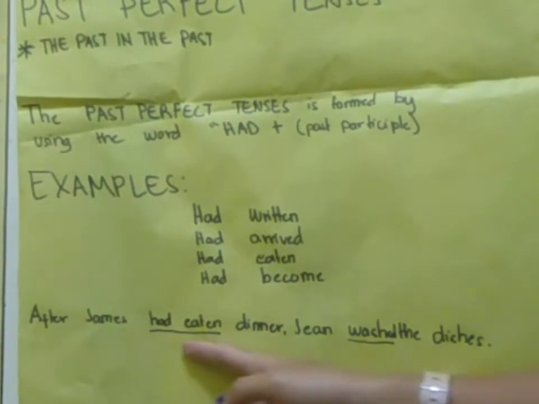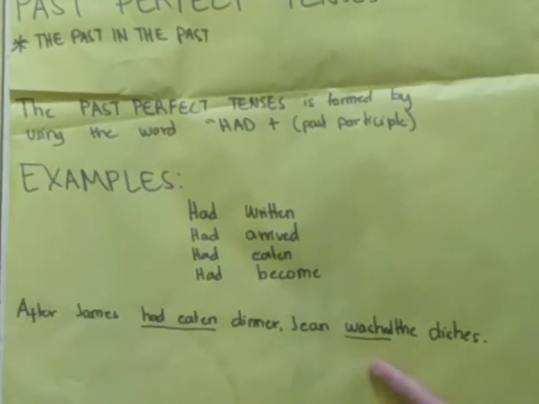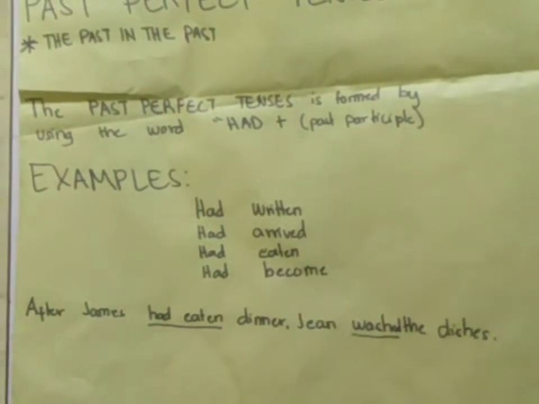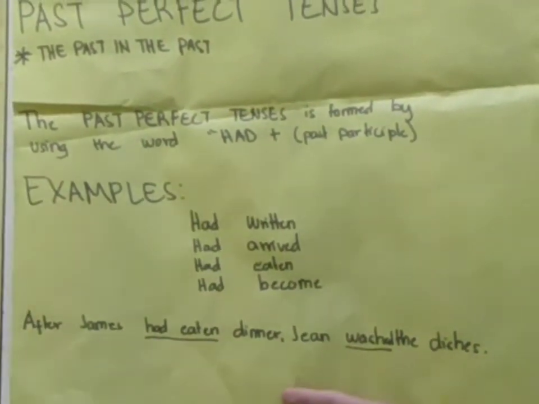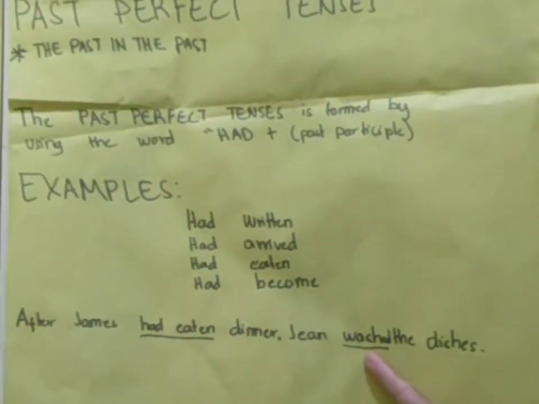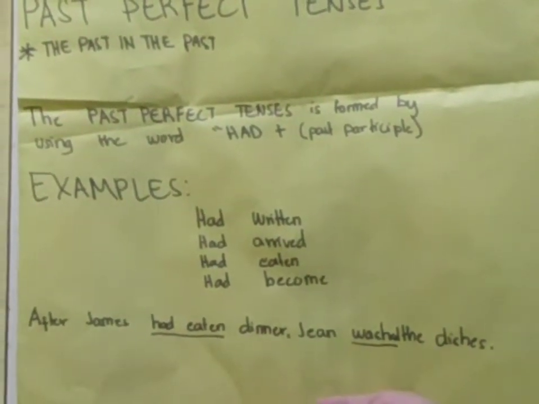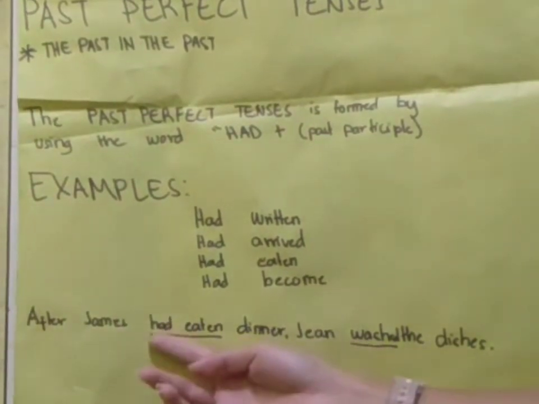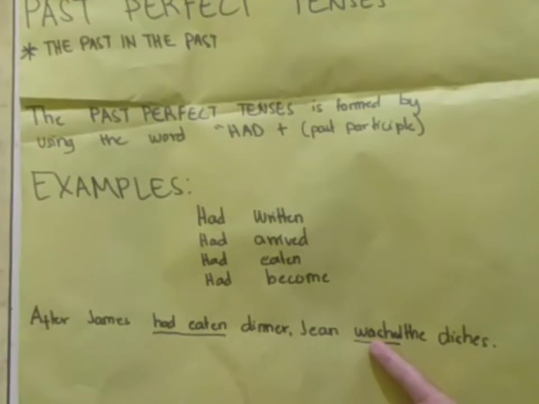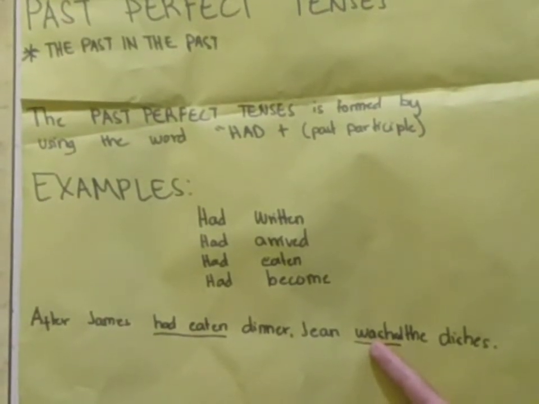Okay, let's also look at this sentence: After James had eaten dinner, Jane washed the dishes. Alright, in here we have two past actions, which are had eaten and washed. If you look at this example, we can see that the past action had eaten happened first, before the other action, washed. So there's a past in the past.